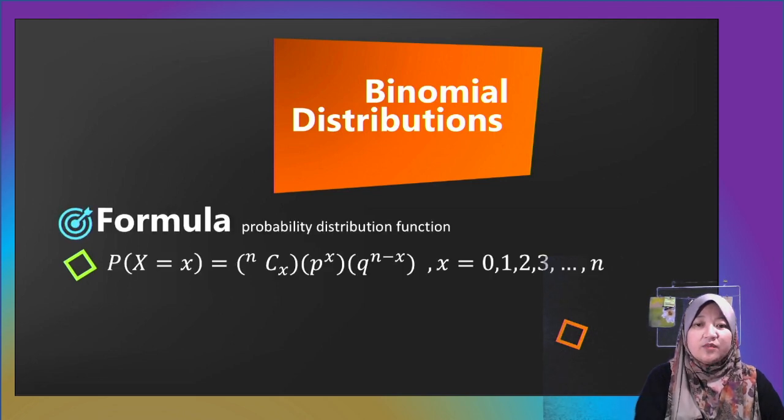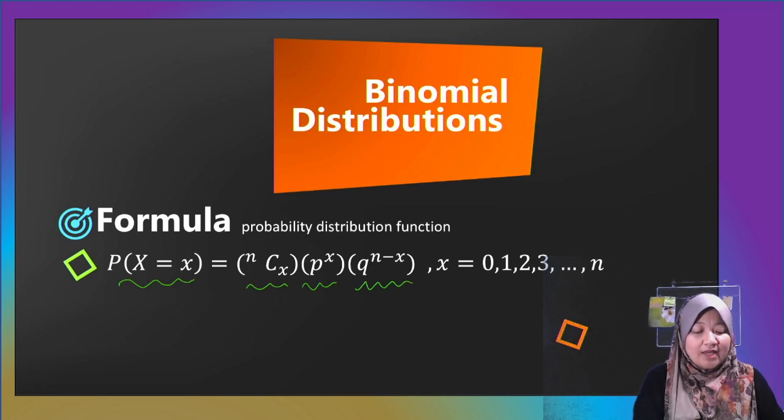Okay, this is the formula. P of x equal to small x, where ncx times p power of x times q power of n minus x, where x is a discrete 0, 1, 2, 3 until n.